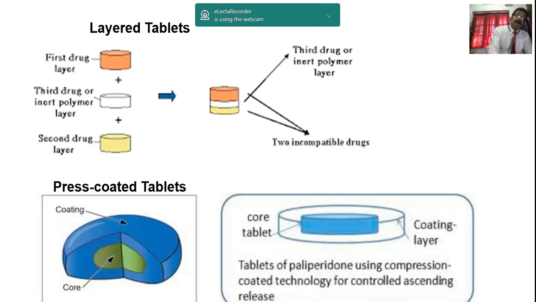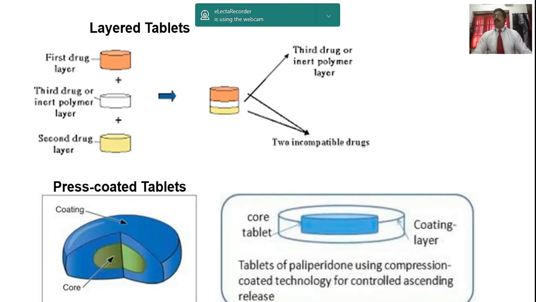And the second picture, press coated tablet, you see a core, a drug which is present as a core, and another one is pressed over it as coating material. So the coating material can also be made another drug. So tablets of paliperidone used compression coating technology, controlled ascending release, that is also a releasing type of tablet. I have taken an example.